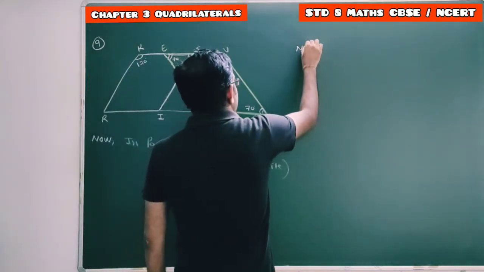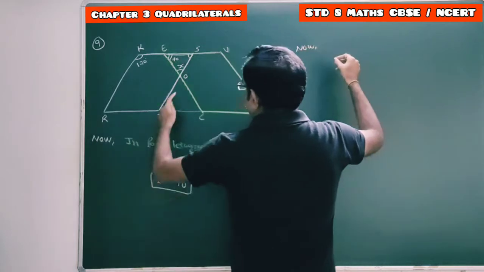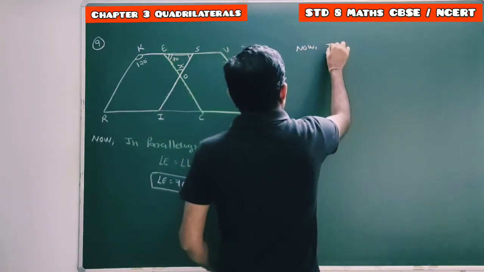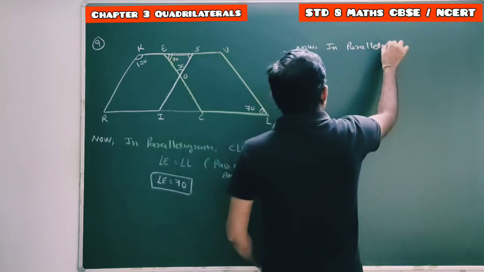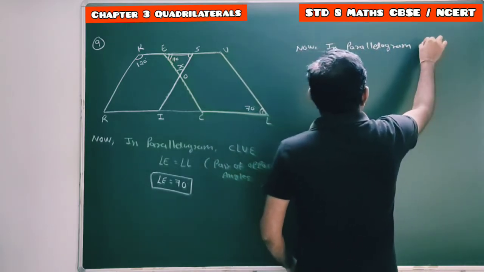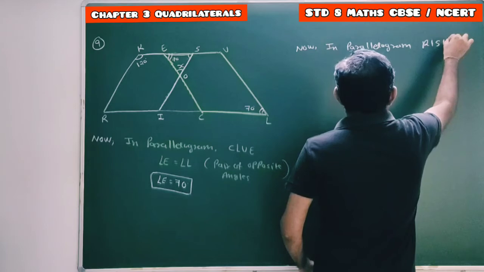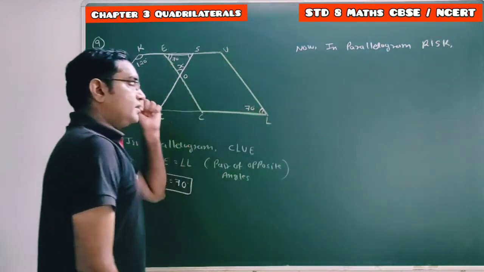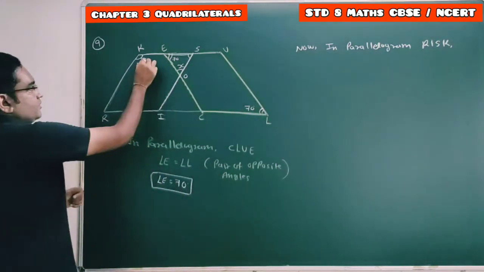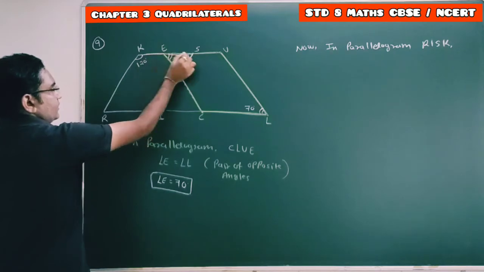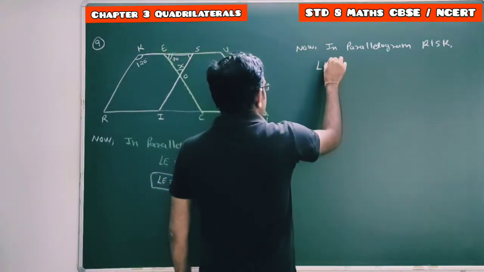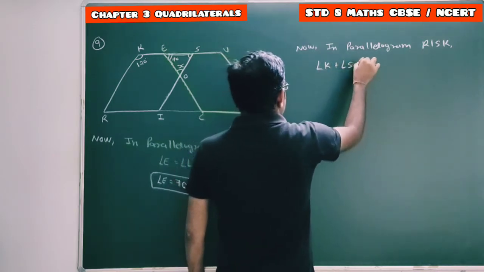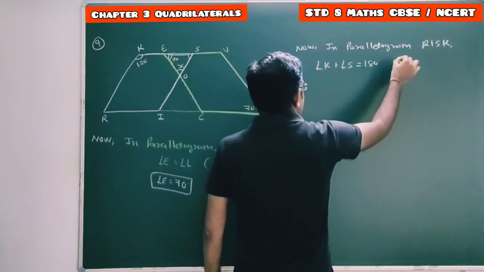Now we'll consider another parallelogram, that is RISK. So in parallelogram RISK, this pair of angles is a pair of adjacent angles. So can we say angle K plus angle S equals 180 degrees?